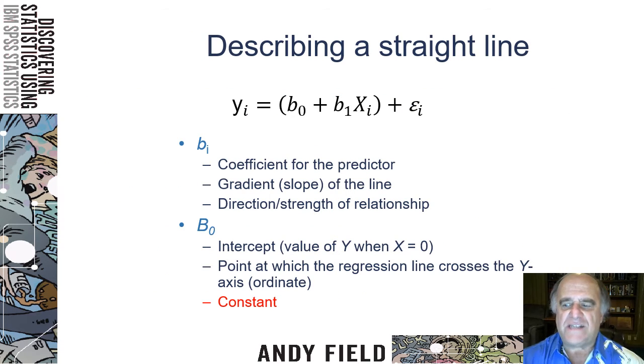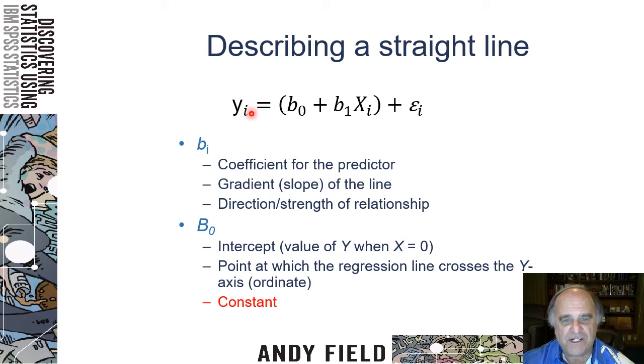Okay, so again, we said with regression, we're describing using a straight line. So here's the equation. Now this is the equation for the actual data, or the actual observations. So we have an observation i, which could be observation 1, observation 2. i corresponds to the number of subjects or participants.